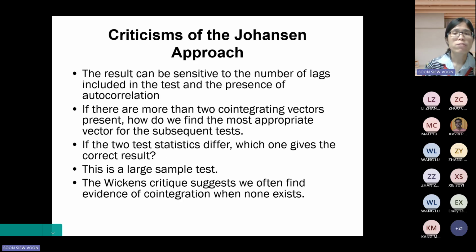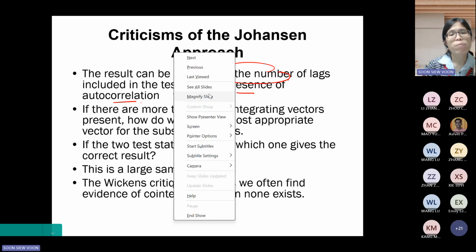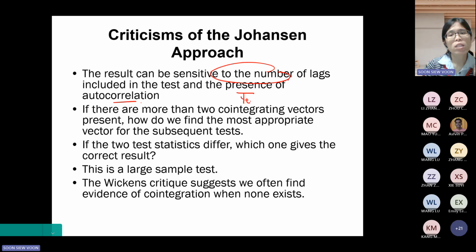Criticism of this Johansen: it is sensitive to the number of lags and the presence of autocorrelation, because once we include the lag, there's a possibility of autocorrelation, for example Y(t-1) and then Y(t-2). So there's a potential for autocorrelation. If let's say there are more than 2 co-integrated vectors, how do we find the most appropriate vectors?